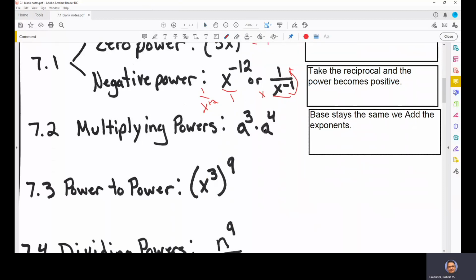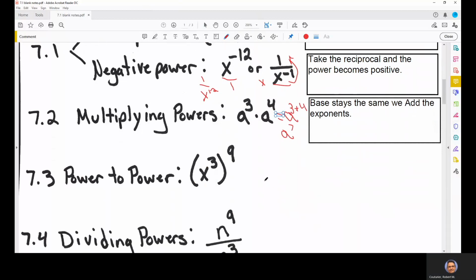A to the third times a to the fourth equals a to the 3 plus 4 power. And then what? 3 plus 4 comes out to be 7. So pretty straightforward. Base stays the same. We add these two exponents.